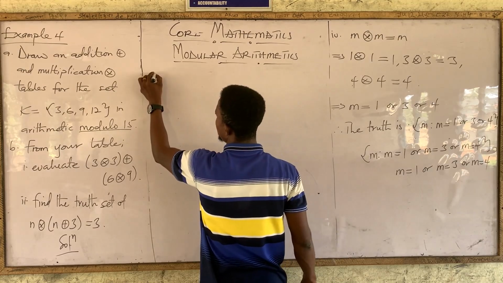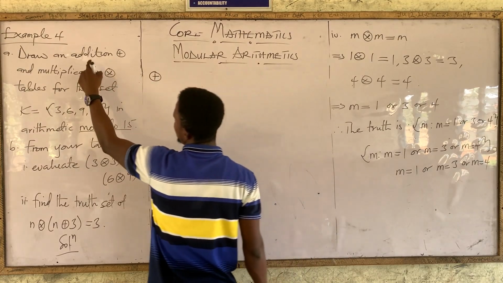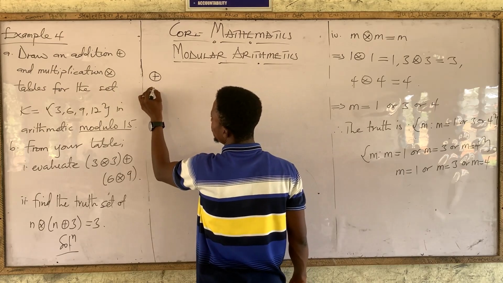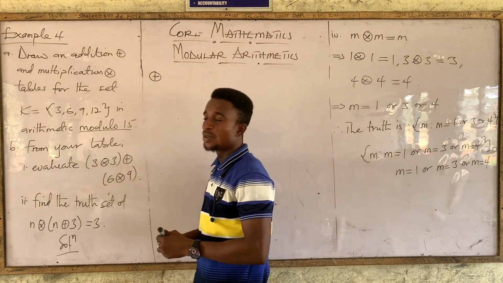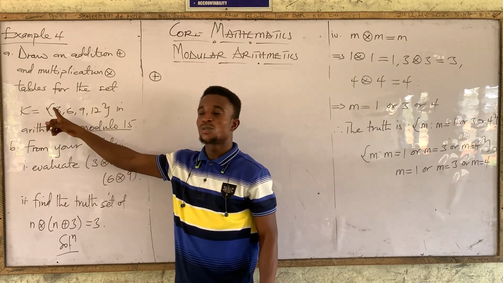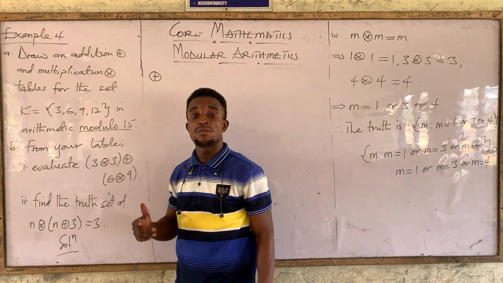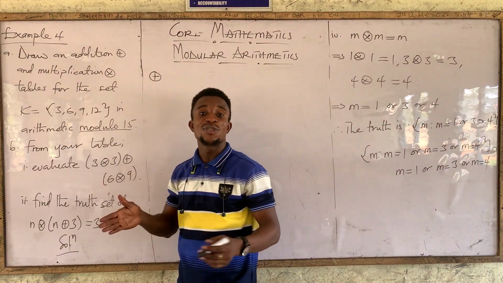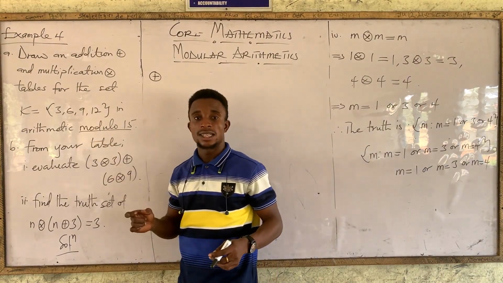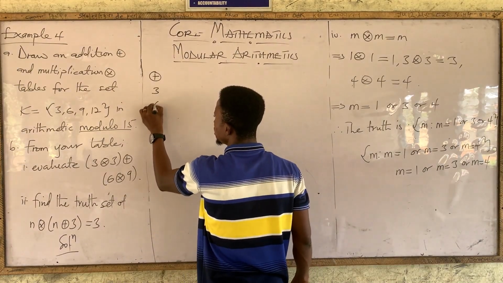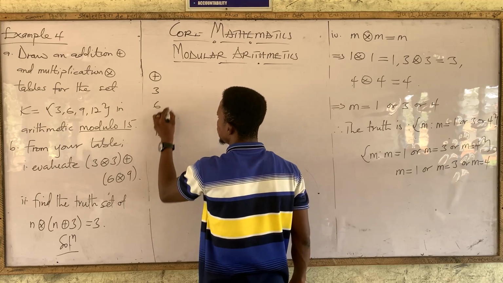So I have my addition. Addition comes first before the multiplication. For modulo 15 too, we were supposed to start from 0 to 14. Now they have picked some of the remainders for you to do. So we are doing for the set given. Are we okay? So I have 3, 6, 9, then 12.